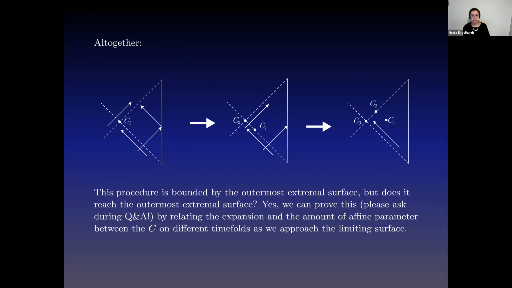But the question is, if you keep on iterating this procedure, do you actually reach the outermost extremal surface, or do you stop somewhere else? We can actually prove this. I have some backup slides on this if you want to see in the Q&A, but you can prove that indeed, you do end up reaching the outermost extremal surface using this iterative procedure.